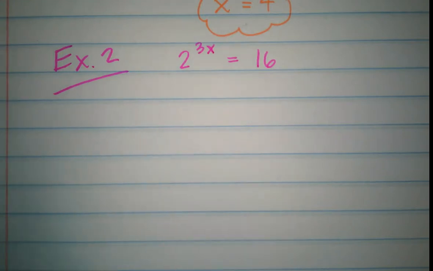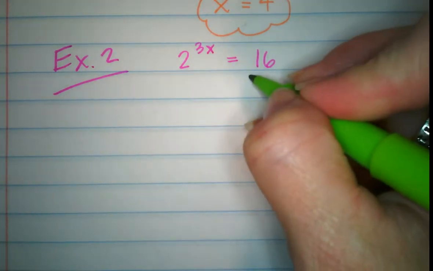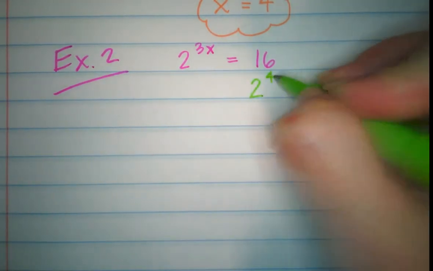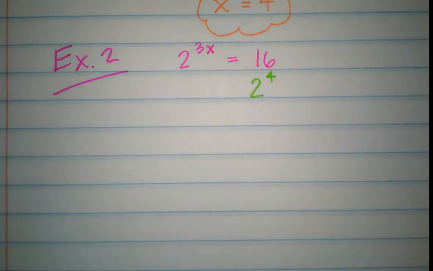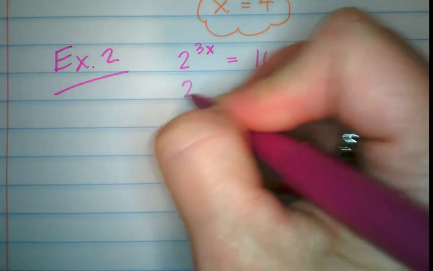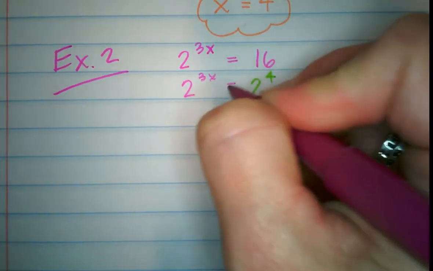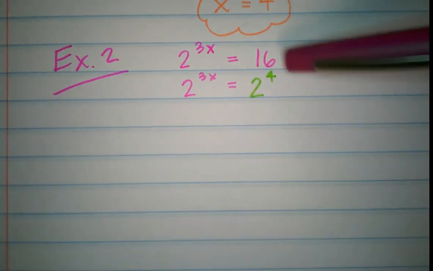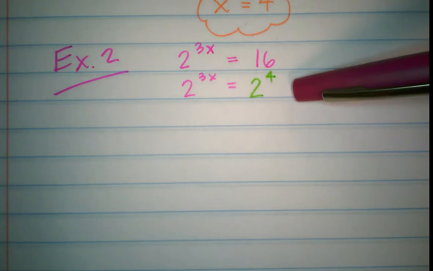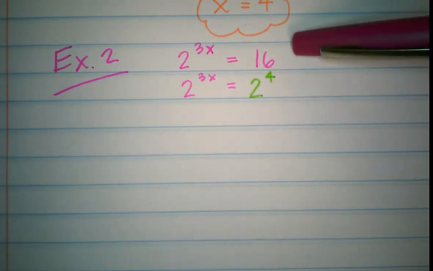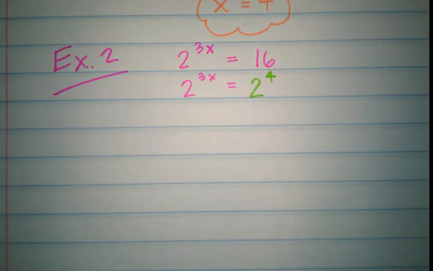So think. I know that 16 is 2 to the 4th. And now that matches 2 to the 3x. So all I'm doing is I'm just substituting the 2 to the 4th for the 16. The value is the same, so I'm not changing the equation at all. I'm just rewriting it a different way.